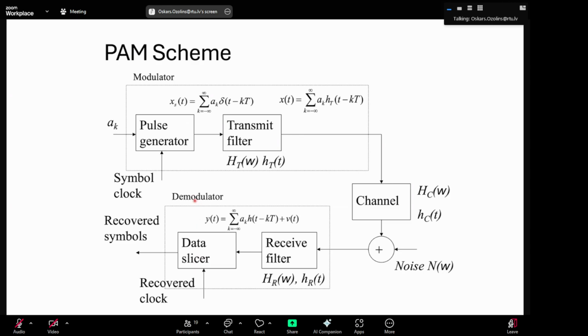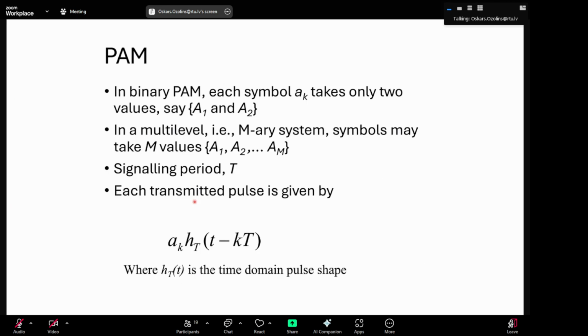So right, and I don't go too deep into equations. But here we look at two-level signals. This is why each symbol takes two levels, A1, A2, so level 0 or level 1. In multi-level you can have 4, 6, or 8 levels.